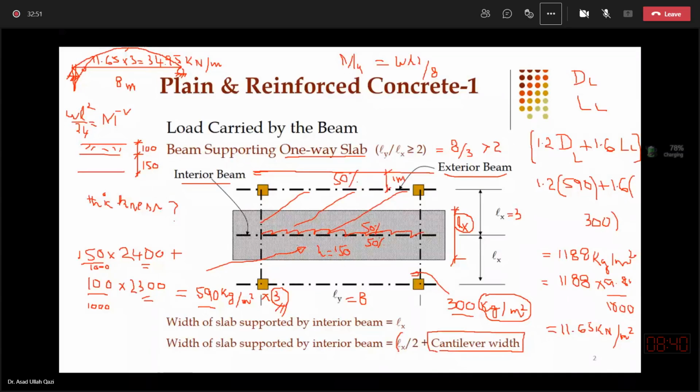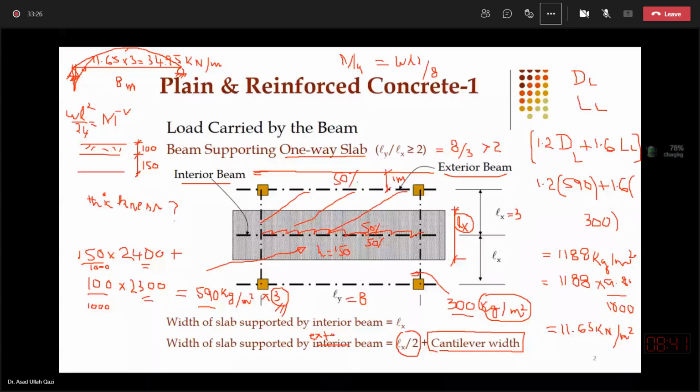Actually, at the moment we are working on the calculation of the transverse width, which will be multiplied with the ultimate pressure. So for the edge beam or exterior beam, 50% is actually Lx by 2 present.